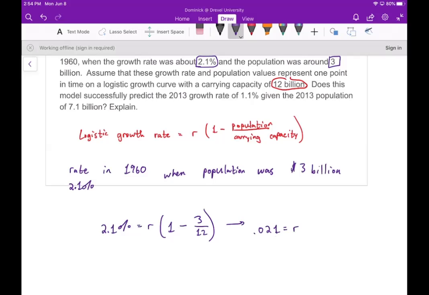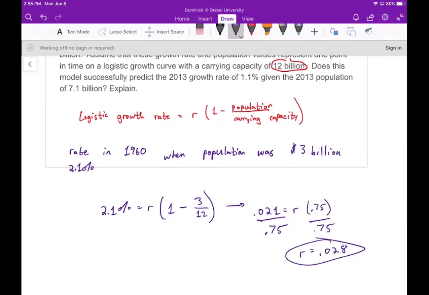If we reduce 3 over 12, that's 1 over 4. So we get 0.75, and then we can divide both sides by 0.75. We get that our base growth rate would be 0.028, so 2.8%.